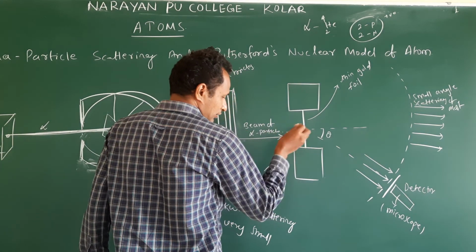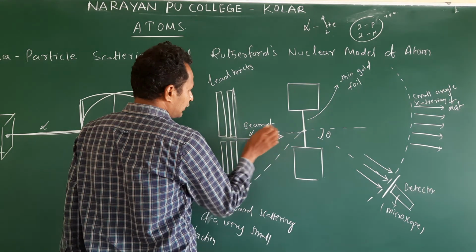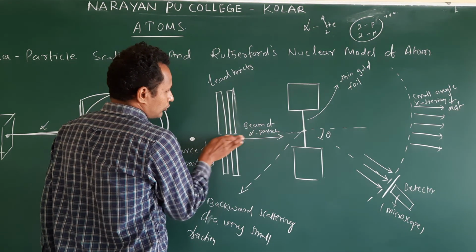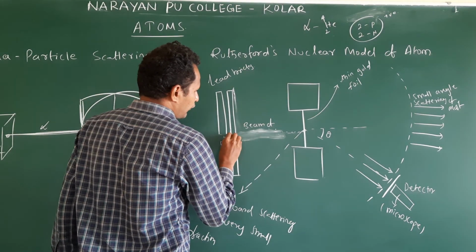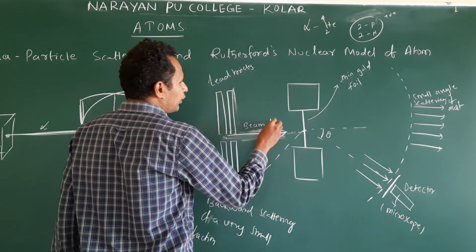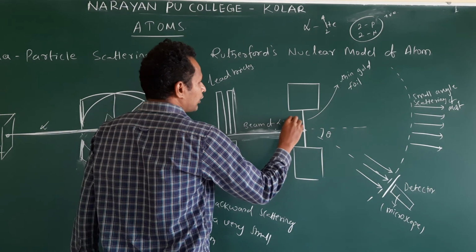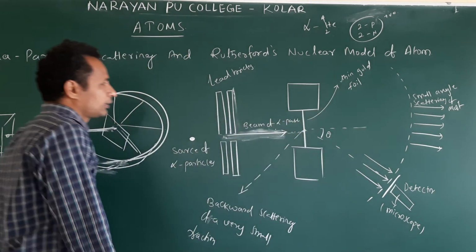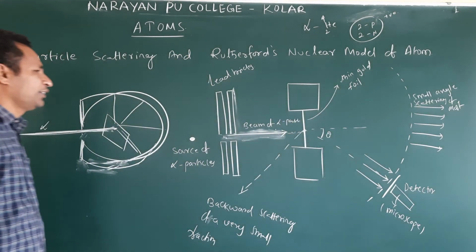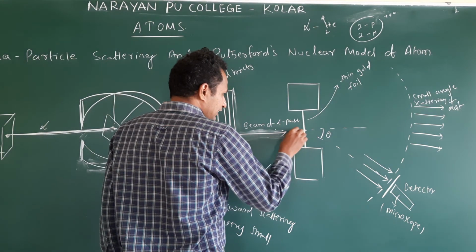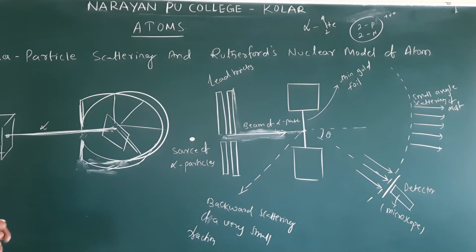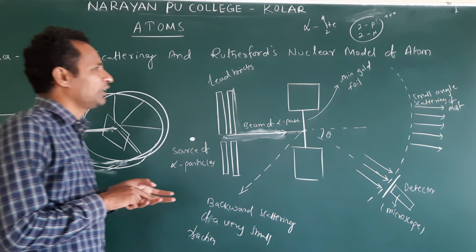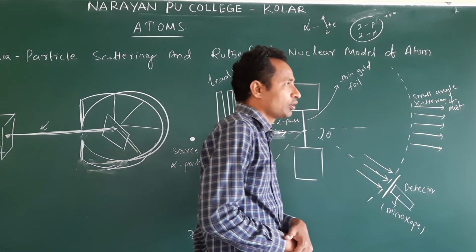They move back along the beam of alpha particles. Clear? And very few retrace their path.